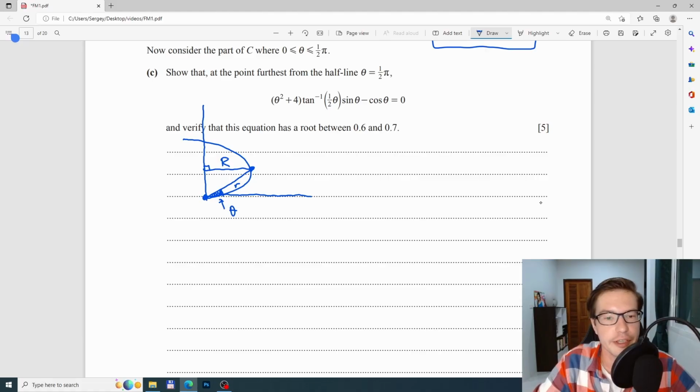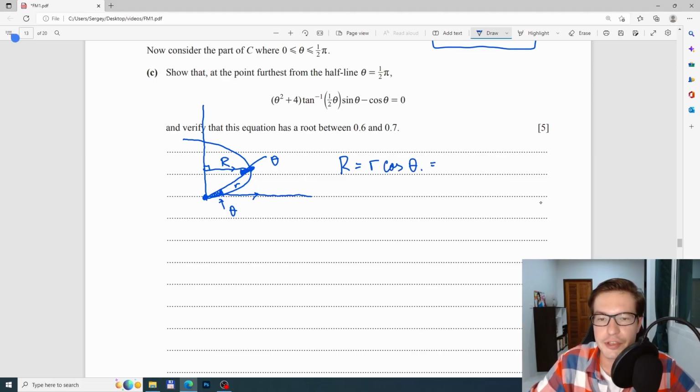Now, if we look at this, then we have some parallel lines in our picture. And that means we have alternate angles. And the angle between big R and small r is going to be also theta. And that gives us a chance to express big R in terms of small r and theta using some basic trigonometry. So R will be small r times cosine theta, because it's adjacent to the angle.